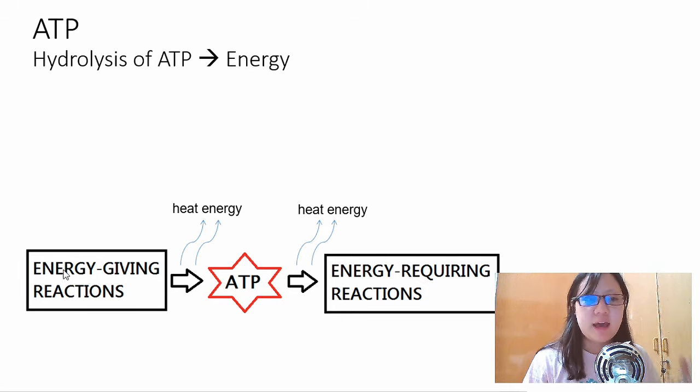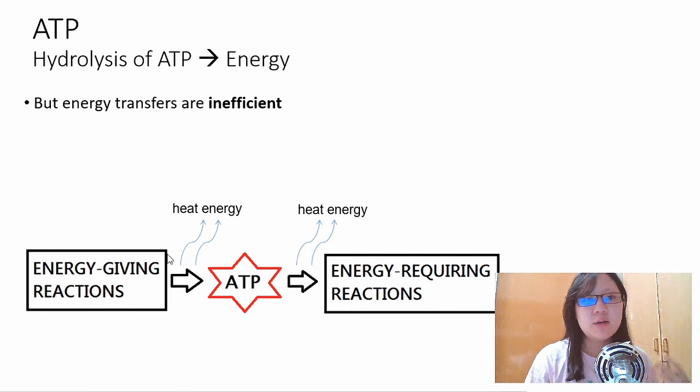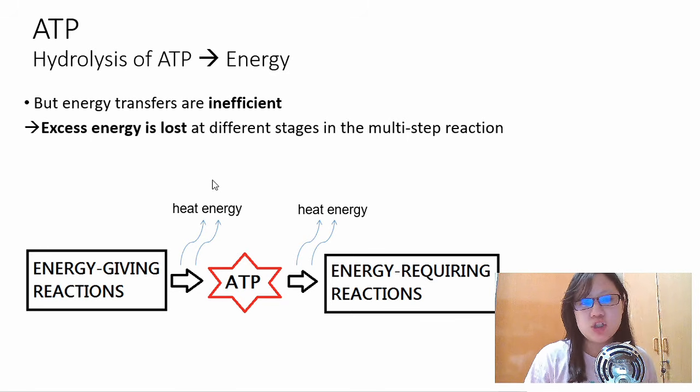This energy-giving reaction might provide 2870 kJ, but the ATP formed might not use all the energy, and the excess energy would be lost at different stages in a multi-step reaction. What do you mean by multi-step reaction? Now it looks very easy, right? Just one arrow across. This arrow is actually quite complicated. It's just a very simplified diagram, okay? In those reactions, excess energy is lost. It's not 100% energy transfer, and this energy will be lost as thermal energy or heat energy.